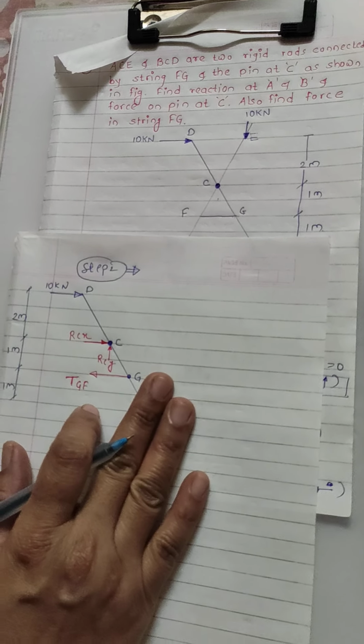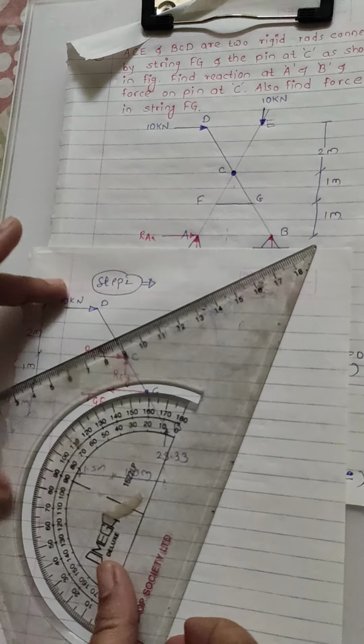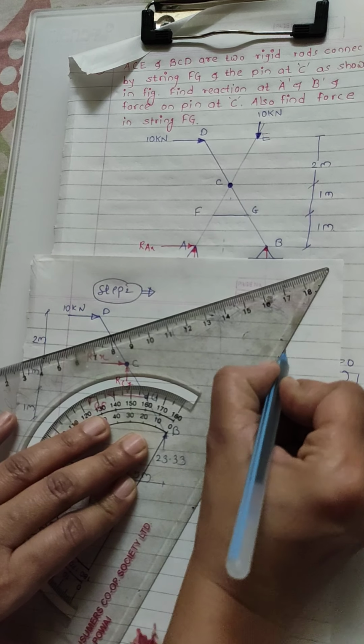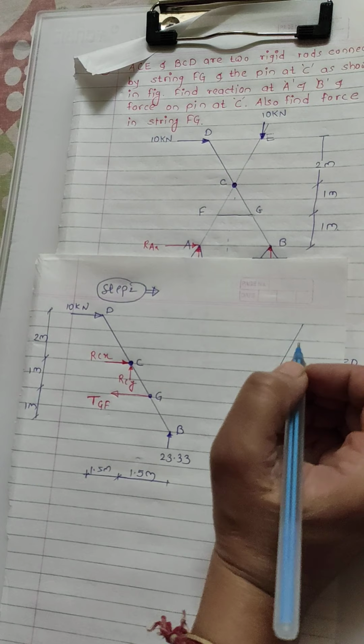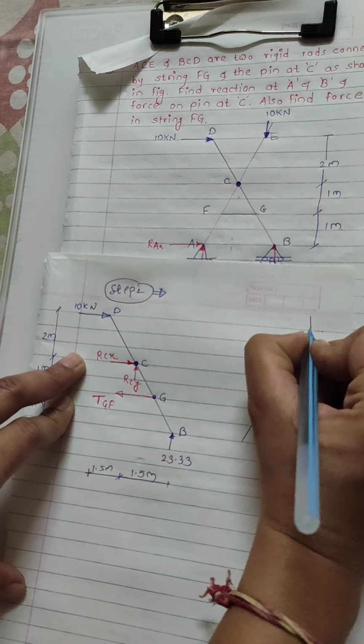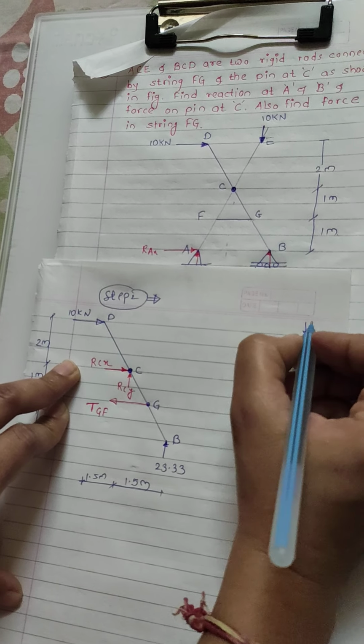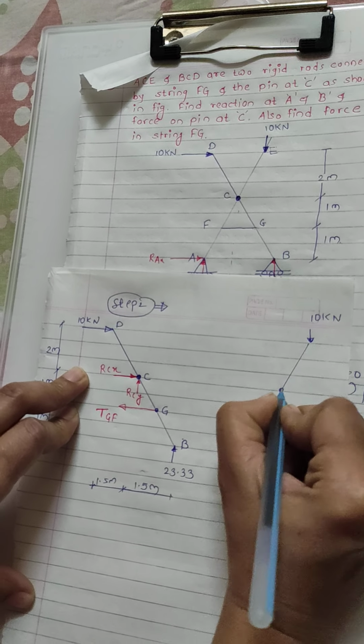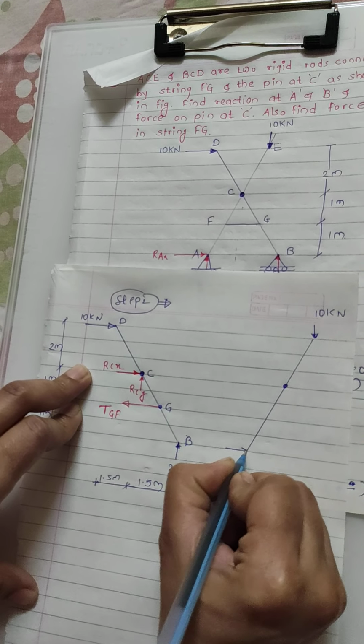At the same time, I will draw the FBD of the remaining part also. That is our ECA, 10 kilonewton. Here there is C, and at base there is RAX.